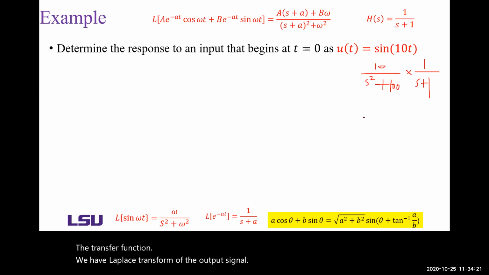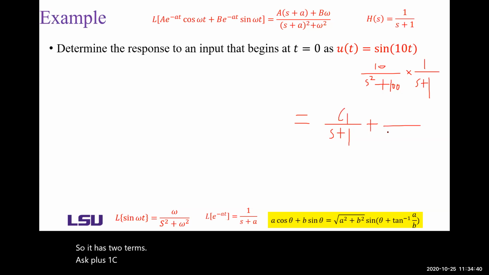Then we can use partial fraction expansion to calculate the inverse Laplace transform. So it has two terms: c1 over s plus 1, plus (c2 s plus c3) over s squared plus 100.